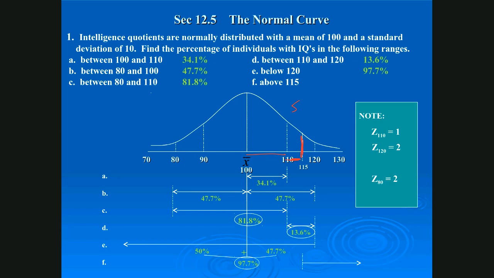From 110 to 120 is 1 standard deviation. So we have 5 out of 10. And so the z-score for 115 is 1 plus 5/10, which is 1.5.